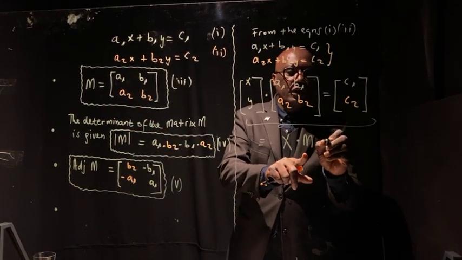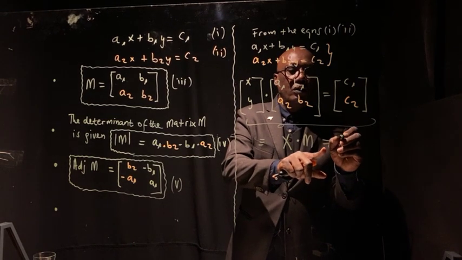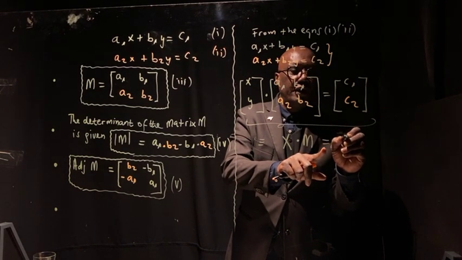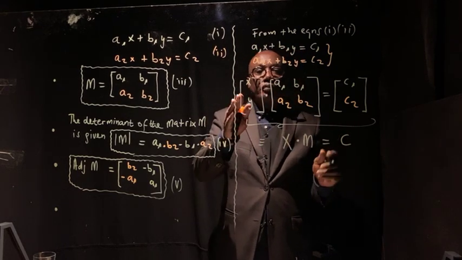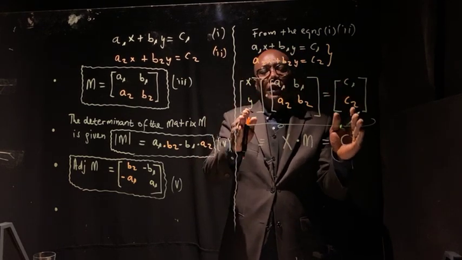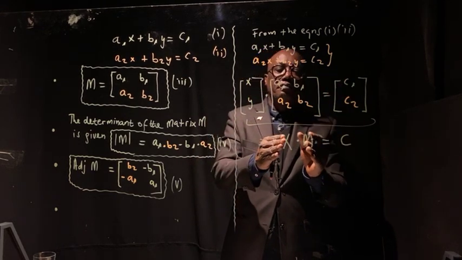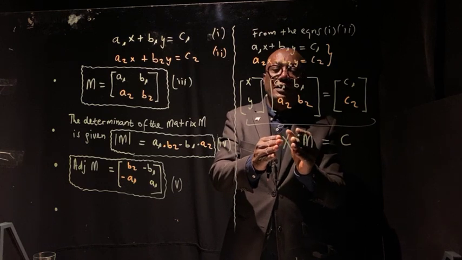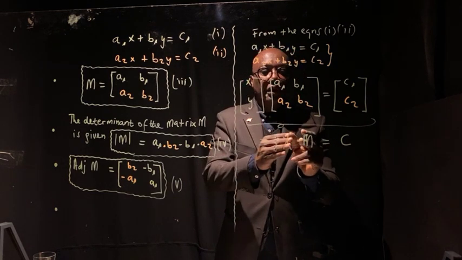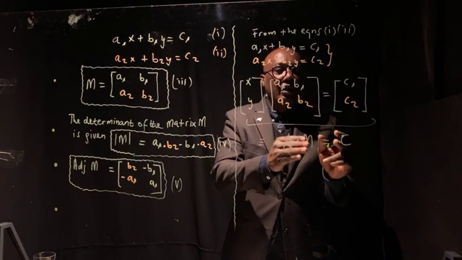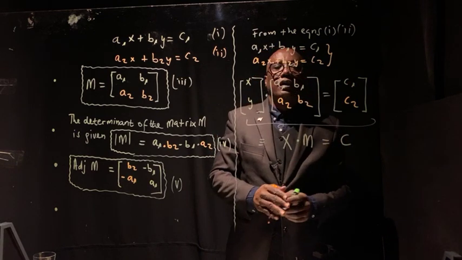Then we make the right side big C. So this equation is the same as big S, where the big S is this one, and M is the matrix, and the big C is this one.